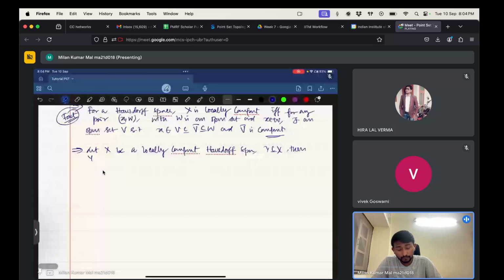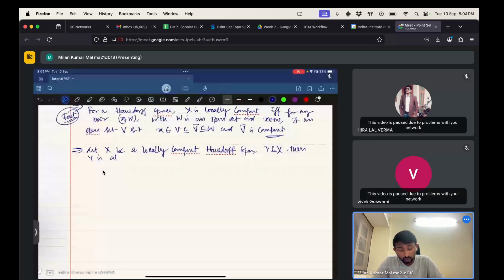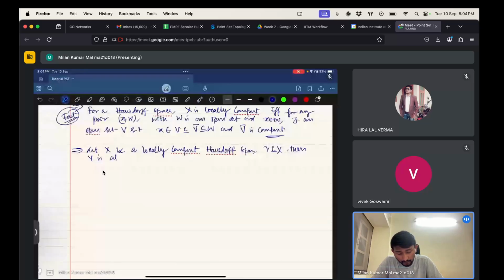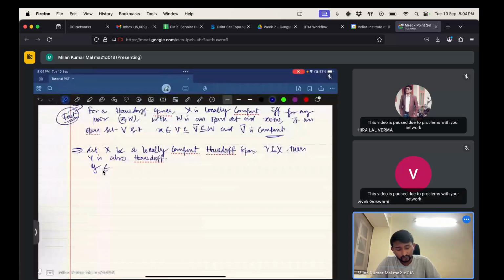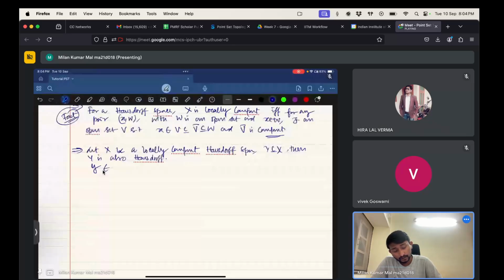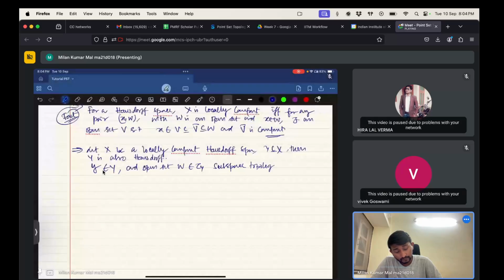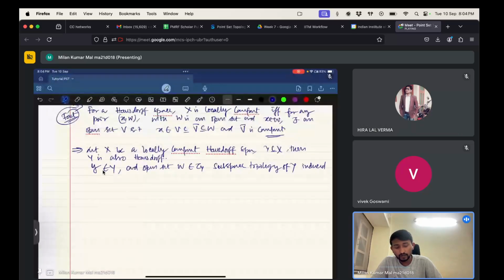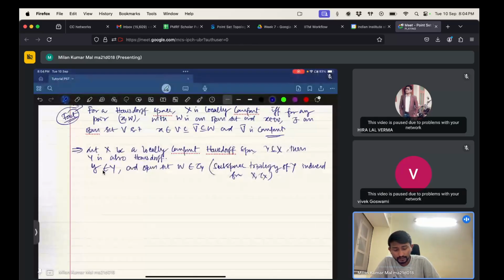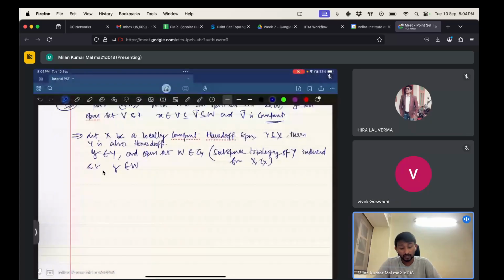We need to show that for every point y belonging to capital Y and every open set W in tau Y, this is the subspace topology of Y induced from tau X, that means the open set intersection basically, such that y is sitting inside W, and obviously W is sitting inside Y. But note, let Y be open.